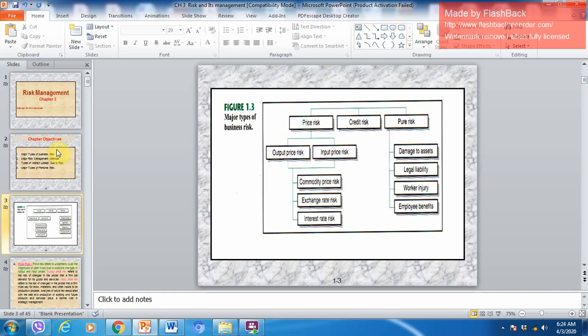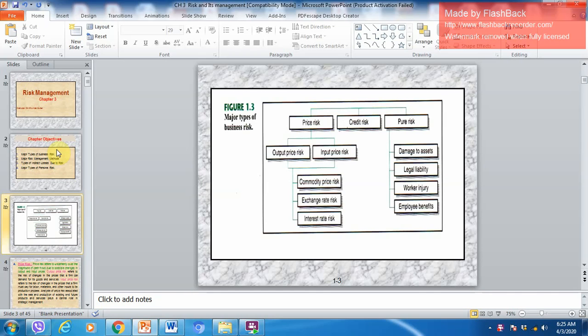So all these come under input price risk: all the factors necessary in order to start the production. You may call it raw material and other necessary elements required. In simple words, I summarize this point again: input price risk means all the ups and downs associated with the inputs of the products that you are making.